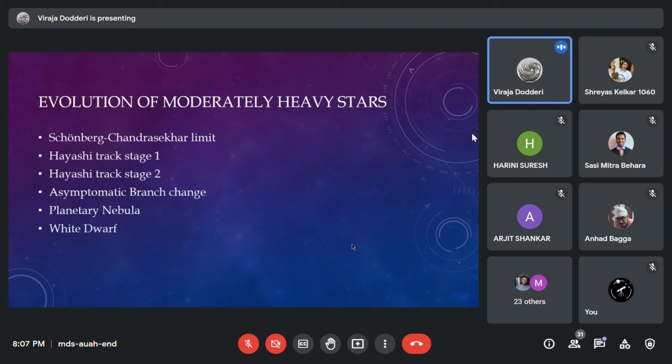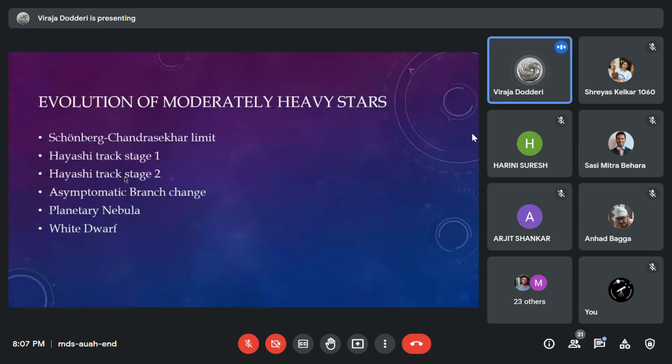These two expand so much that the temperature in the hydrogen burning shell decreases to the point where the shell is extinguished and the star only has one shell source now, which is the helium shell. The core keeps contracting because the outer layers are expanding, and hence the effective temperature of the overall star decreases. This is the Hayashi track stage 2.